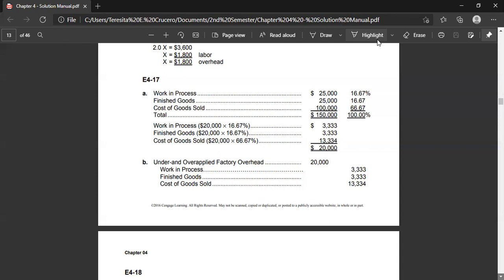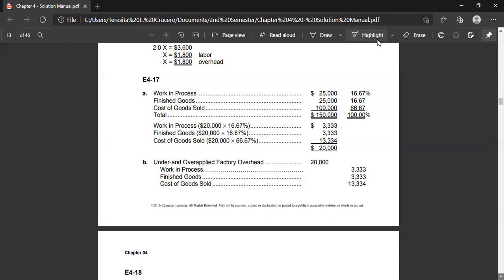That's why the problem here states that the balance was deemed to be large, meaning material. If the variance is deemed to be immaterial or small, then you can just credit cost of goods sold in lieu of the three credits.